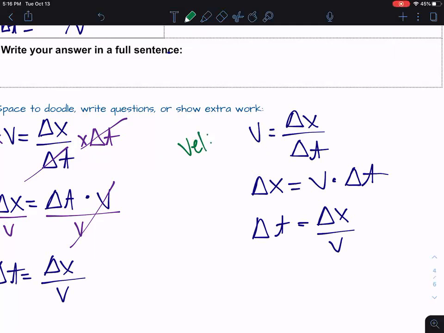If I'm looking for the displacement, I would use this one. And if I'm looking for the change in time, I would use this one. And that just keeps things a little bit simpler for you. You can, of course, rearrange the equations, but now you just have them to pull from.